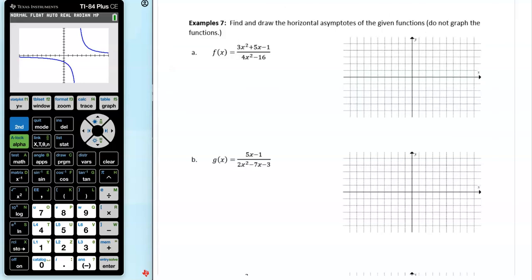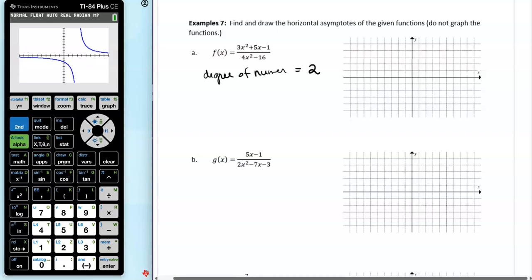We are given three situations on example 7, and we are to find and draw the horizontal asymptotes of the given functions. So starting with part A, we're going to start off by noting that the degree of the numerator is equal to 2. Now I'm talking about this right here. And the degree of the denominator is also equal to 2.